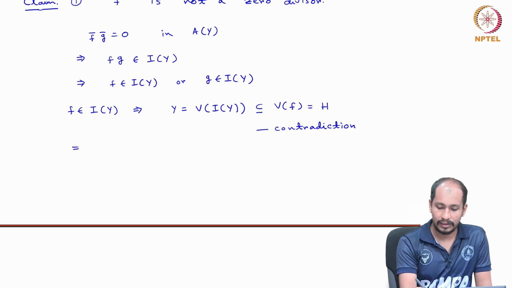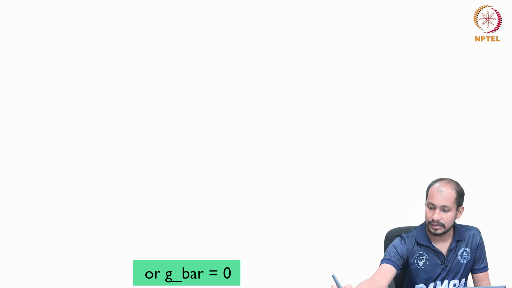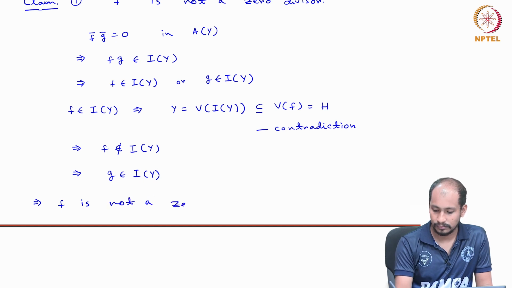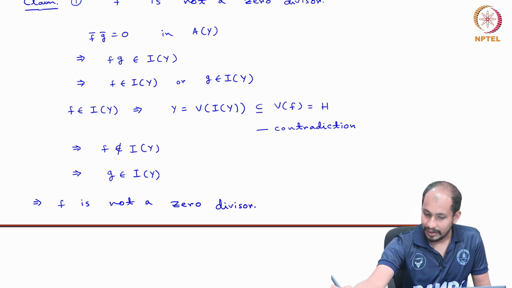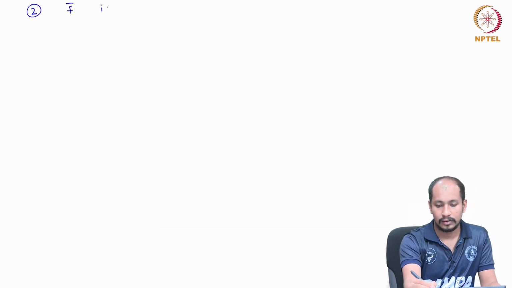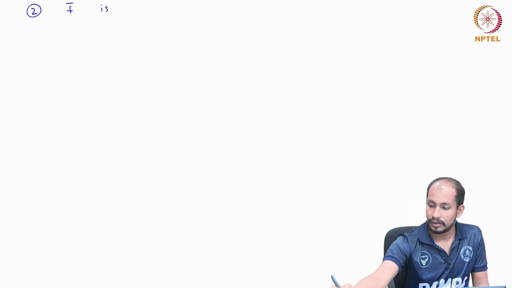So this implies that F is not inside I(Y). So this says that G is inside I(Y). So this says that F bar is not a zero divisor.